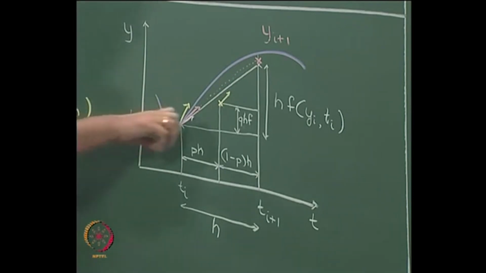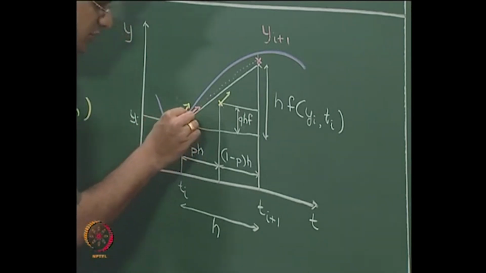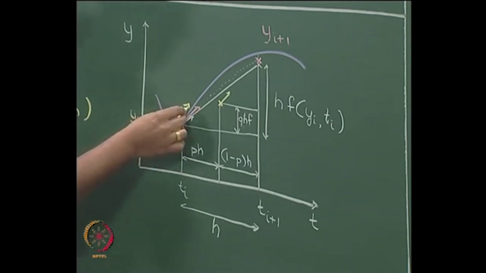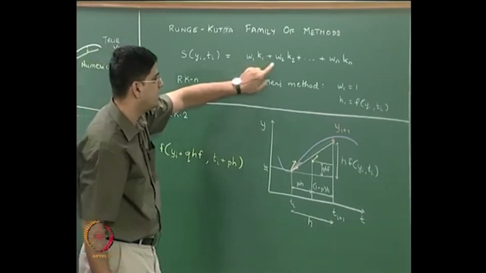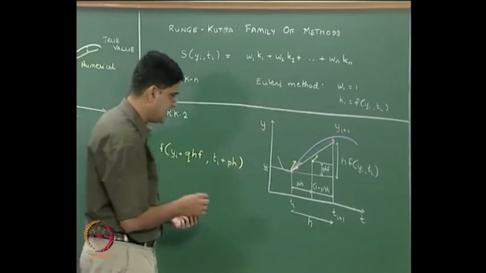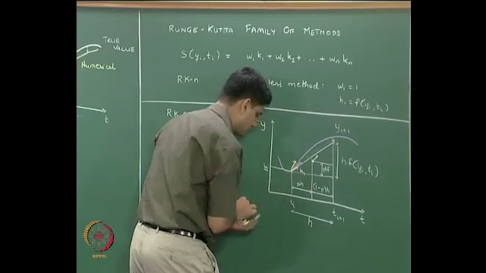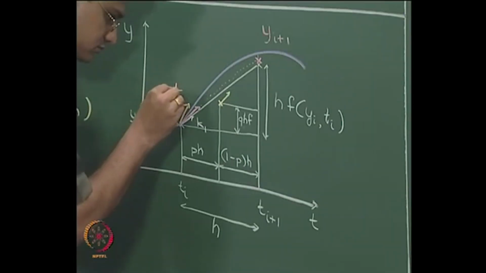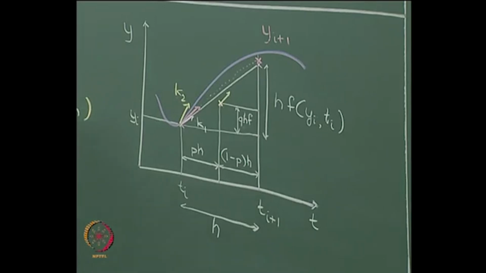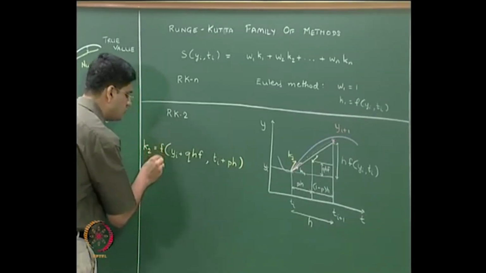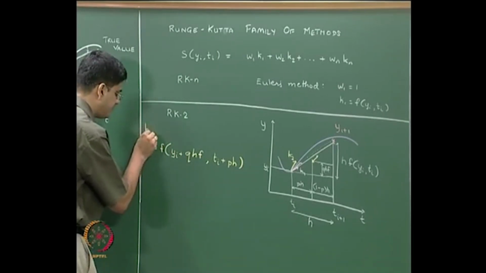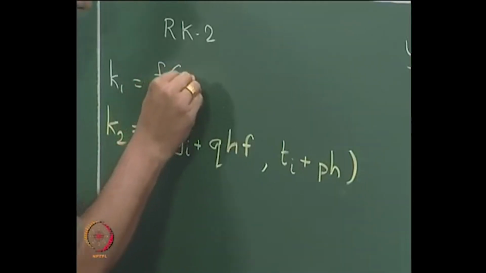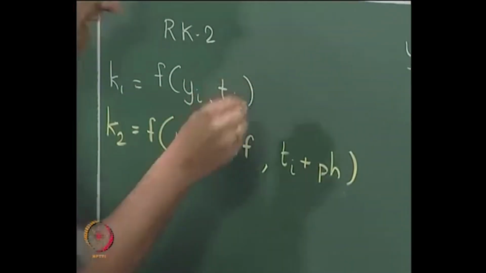Okay. The red arrow that I have shown over here is a weighted sum of the white arrow, W1 multiplied by the white arrow, plus W2 multiplied by the yellow arrow. So the white arrow we are going to represent as K1 and the yellow arrow we are going to represent as K2. Okay. So I am going to say K2 is going to be equal to f of this guy, and K1 is going to be equal to f at yi comma ti.